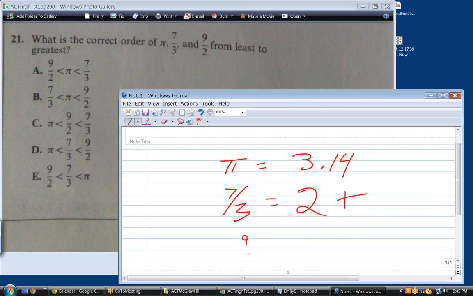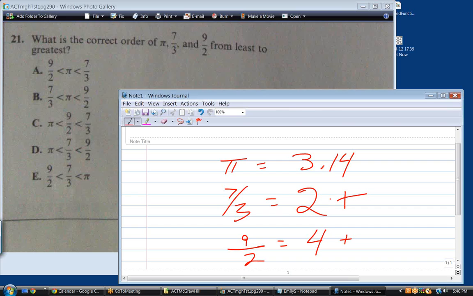And then 9/2, what's the first digit? 2 goes into 9 how many times? 4 and change. 2 times 4 is 8. So 2 goes into 9 at least 4, with some left over. But because of this problem, we don't even care what the plus is. Turns out that it's 4.5.